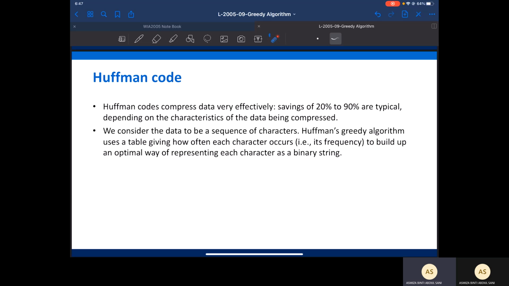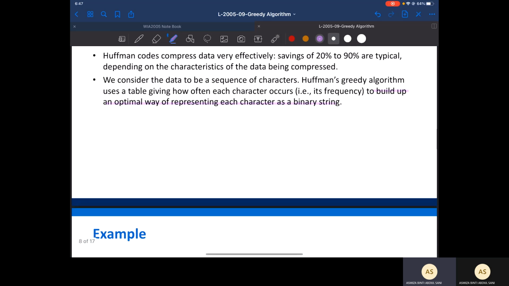When we do the encoding, we consider the data to be a sequence of characters, and applying the Huffman greedy algorithm will allow you to build an optimal way of representing each character as a binary string.